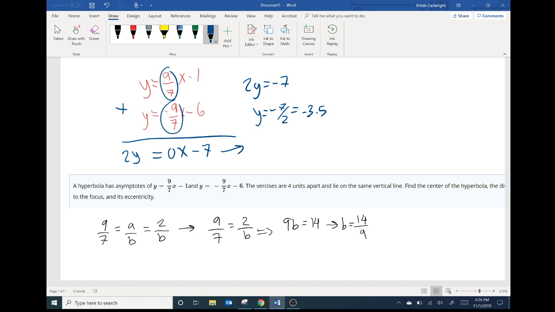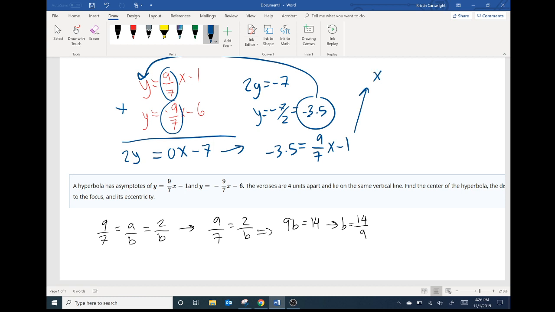To find the x-coordinate, I could take that negative 3.5 and plug it back into either one of the equations. If I do it in the first one, negative 3.5, or I could use negative 7 halves, equals 9/7x minus 1. I'm going to solve for x. I'll skip a few of these steps, but hopefully you'll be able to solve for x here.